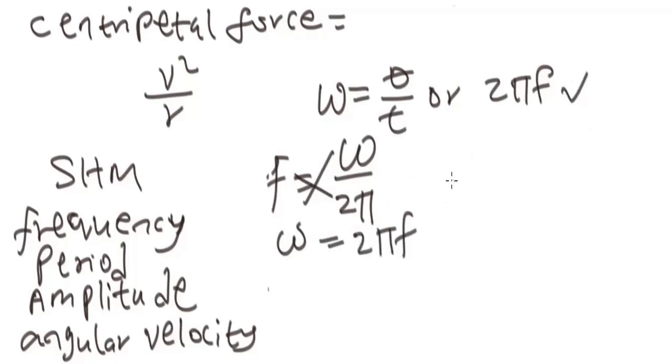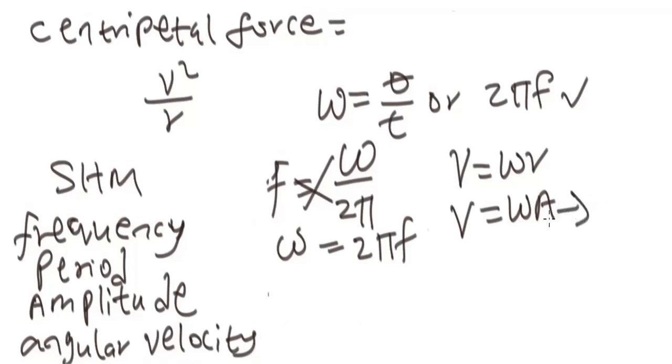Now, note again that the relationship between angular velocity and linear velocity is expressed in this form: V equals WR, alright, or V equals WA at maximum. Alright, so when the distance is at maximum, this A is amplitude.